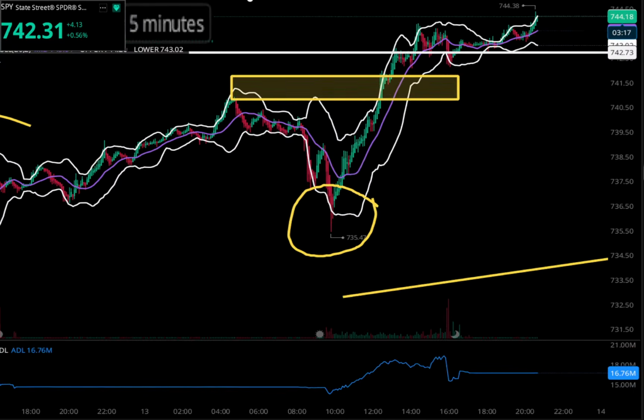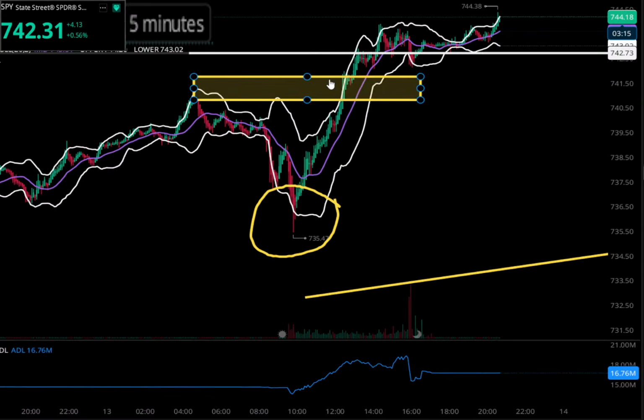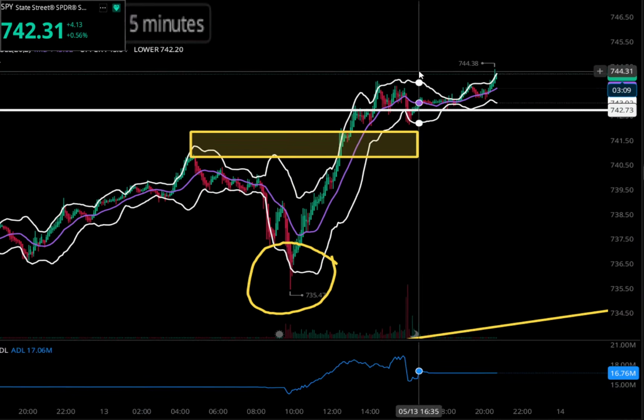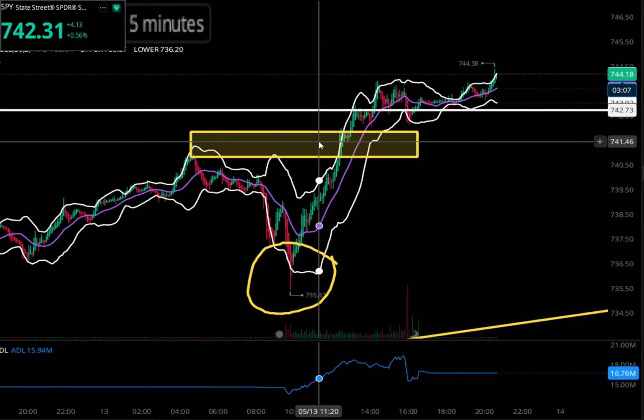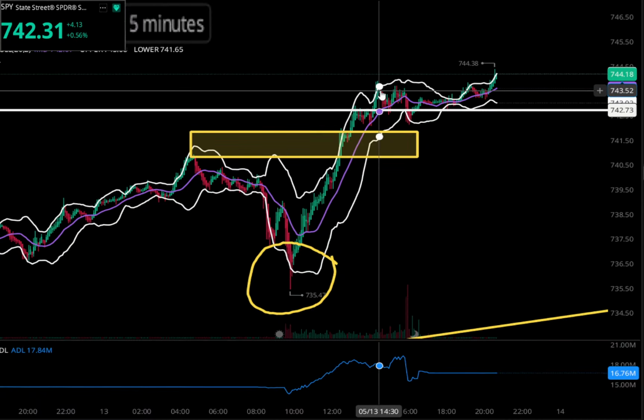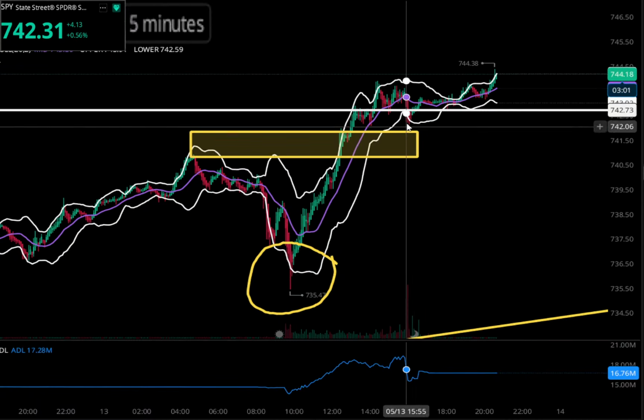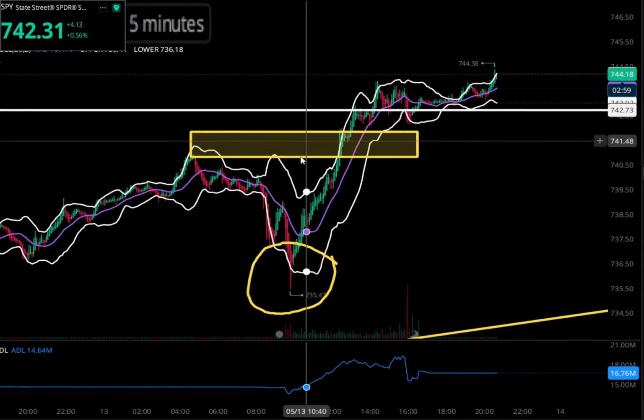So all the calls that we still have down here, there's massive upside to them. Okay. And that's how we knew today that we were really going to start pushing pretty hard. That's why I was telling people really don't start exiting stuff until around that 743 range, 744.